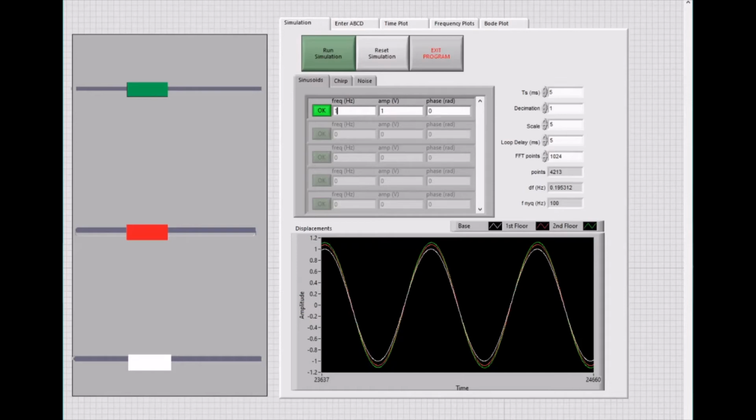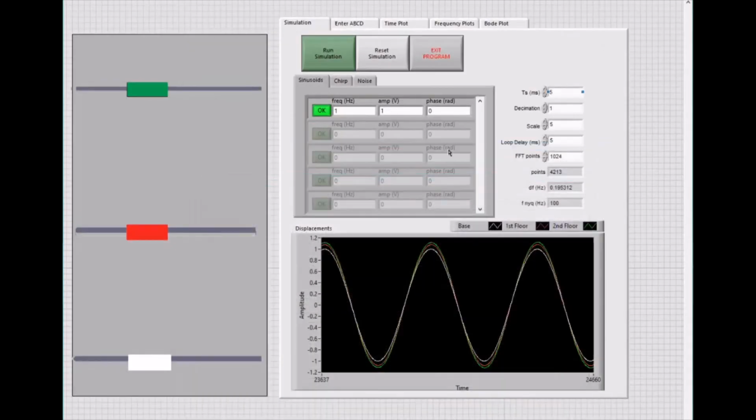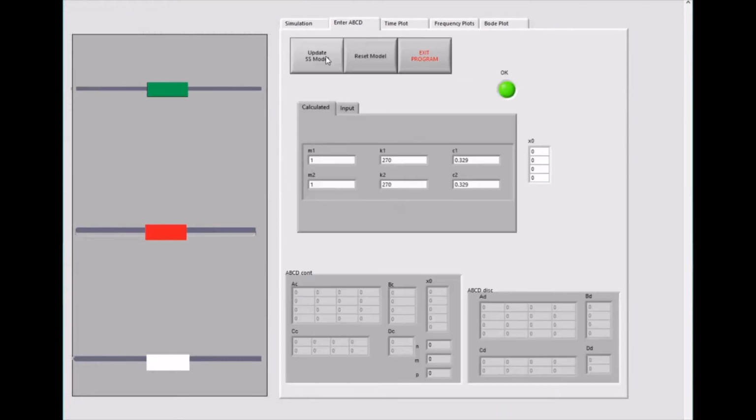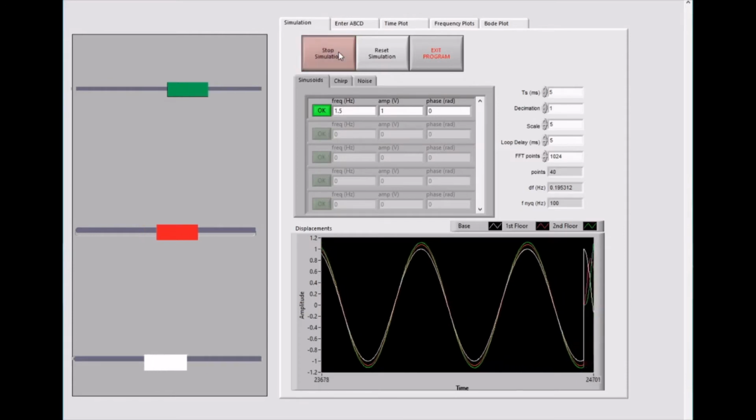Let me try 1.5. So I'm going to put in 1.5. This is the third entry. Amplitude is still 1. I'm going to start running, go to ABCD, update simulations, and go to simulations and run.